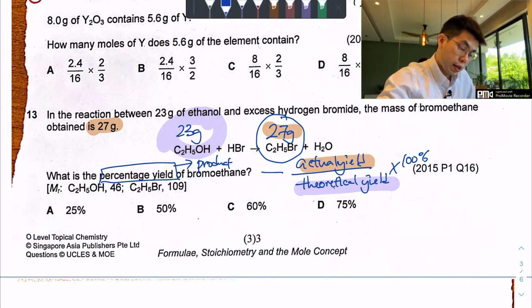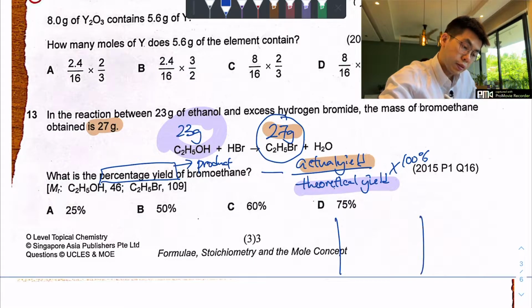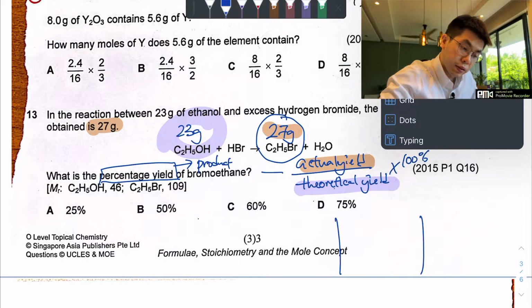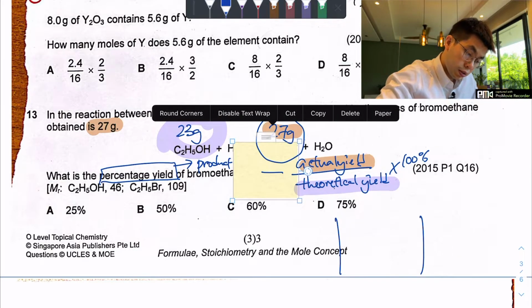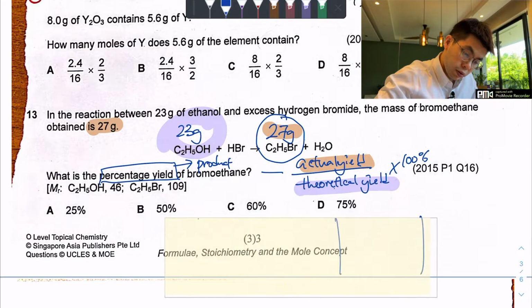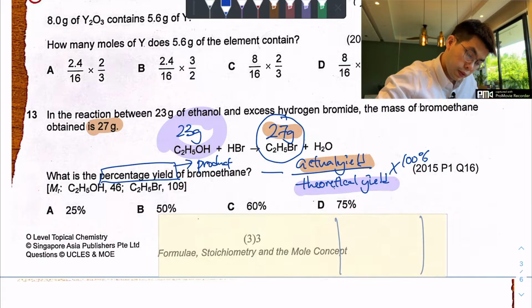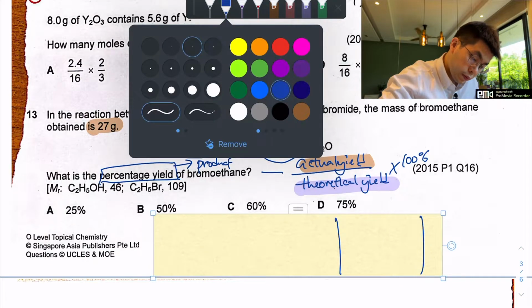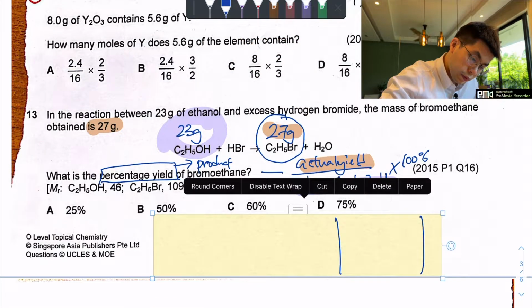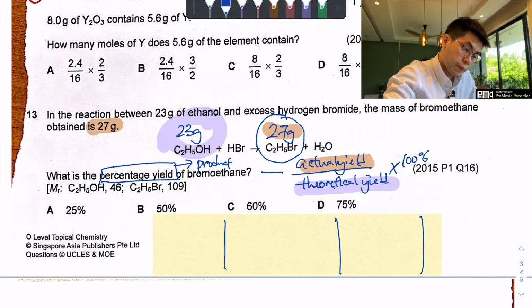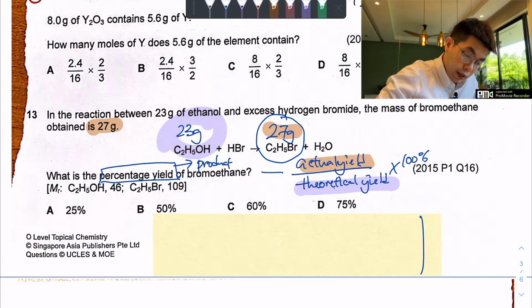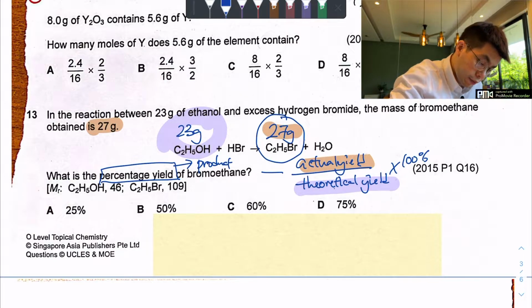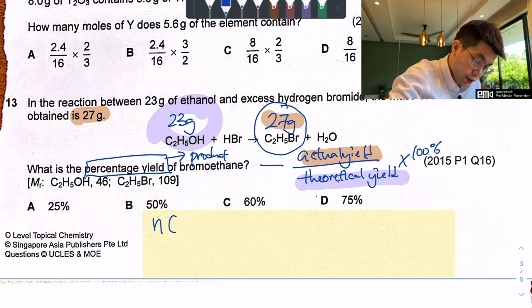I divide into 3 sections. Firstly, I need to find the number of moles of ethanol.